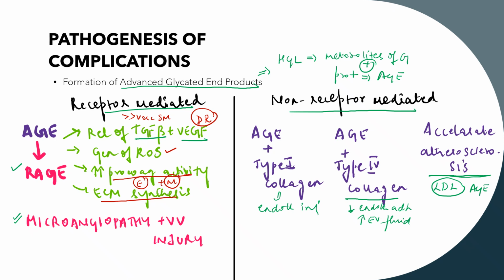When this LDL gets trapped, there will be no efflux of LDL from the large vessel wall. So no efflux of LDL will lead to what? Cholesterol deposition in the intima. So that will increase the chances of formation of atherosclerosis.